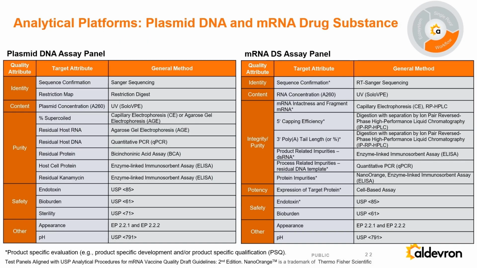If we take a look at the analytical platforms offered by Aldevron, and specifically looking at the plasmid DNA and the mRNA drug substance, really the point of showing this slide is to drive home and reinforce this idea of platform analytical methods. And so the first thing to note is that these assay panels are aligned with industry and with the regulatory guidance, and specifically for the mRNA drug substance assay panel, there was a recent revision, the second edition of the USP Analytical Procedures for mRNA Vaccine Quality Draft Guidelines.